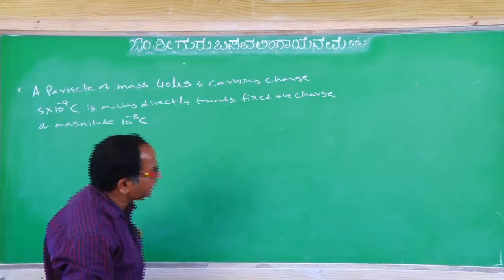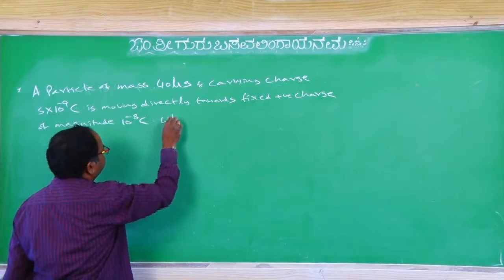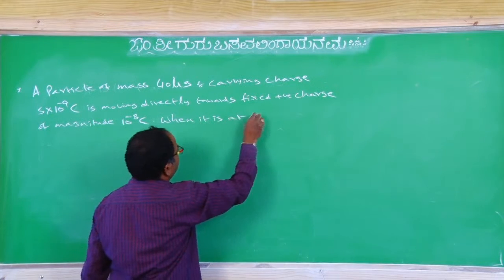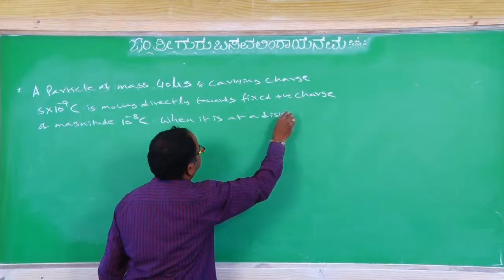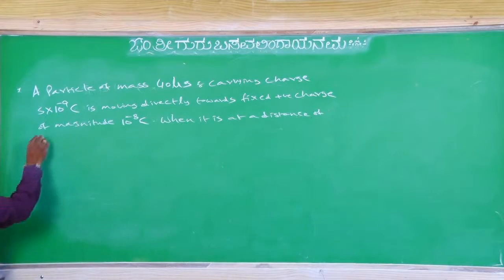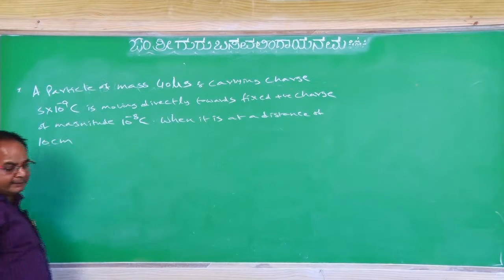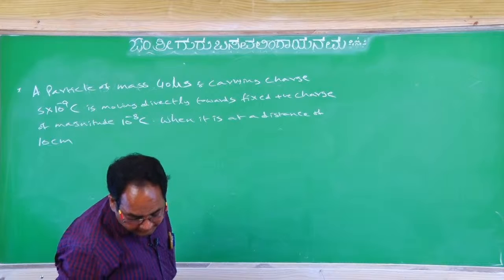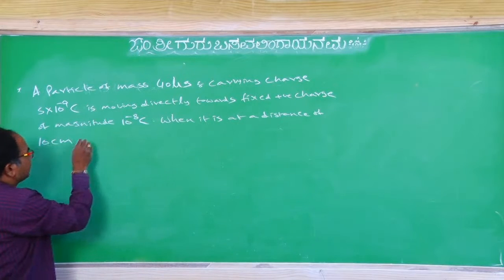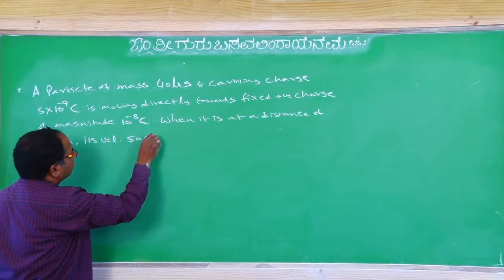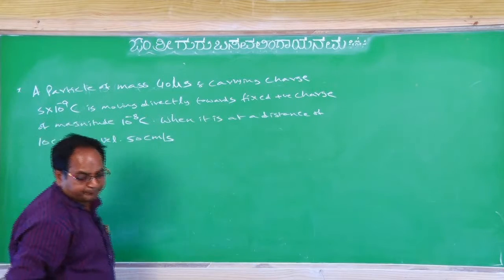When it is at a distance of 10 centimeter, its velocity is 50 centimeter per second.